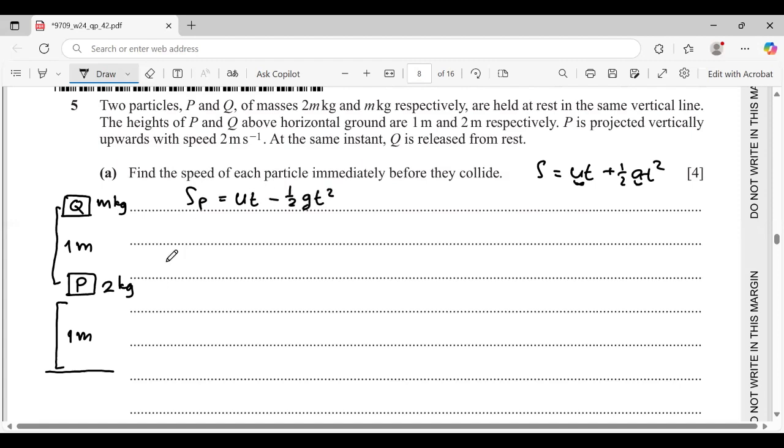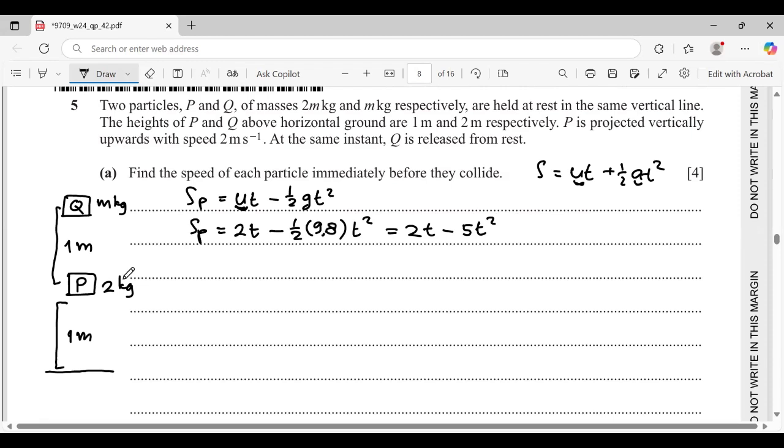Because this is upwards. So the initial is 2, okay, 2t minus 1/2 times 9.8 t squared. Actually, this is 4.9, but I would like to round it, becomes 5t squared. So this is the SP.